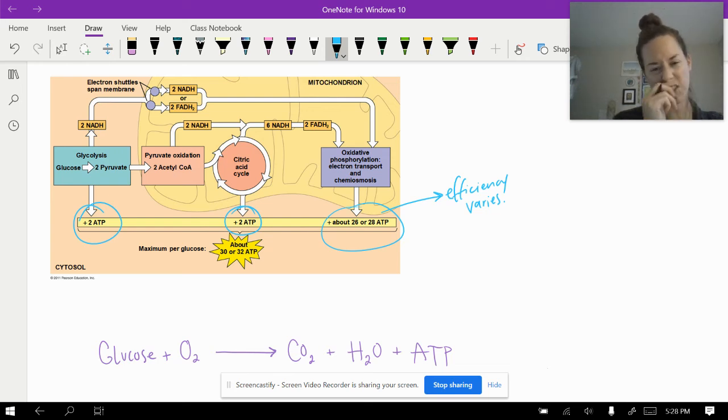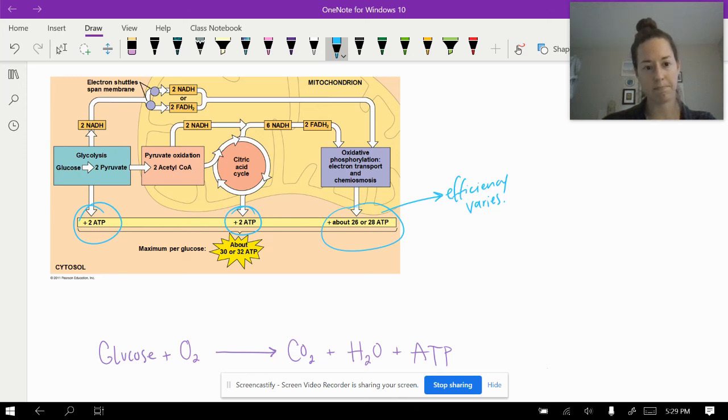At the same time, you're also producing these electron carrying molecules, which then are just recycled. So after they're used, they become NAD and FAD again, and they can go back and basically be reduced again. They're constantly being oxidized and reduced, over and over and over again.